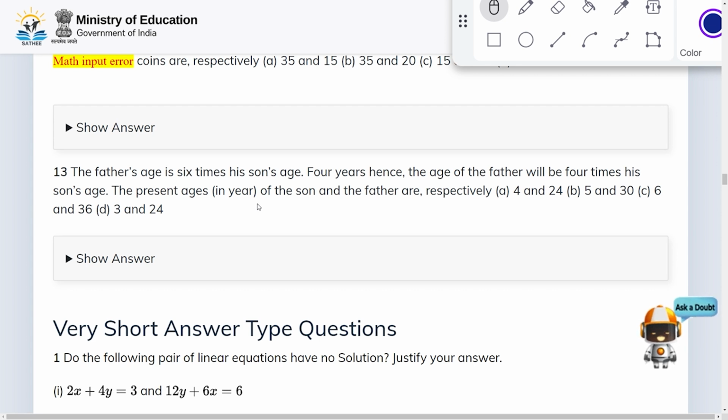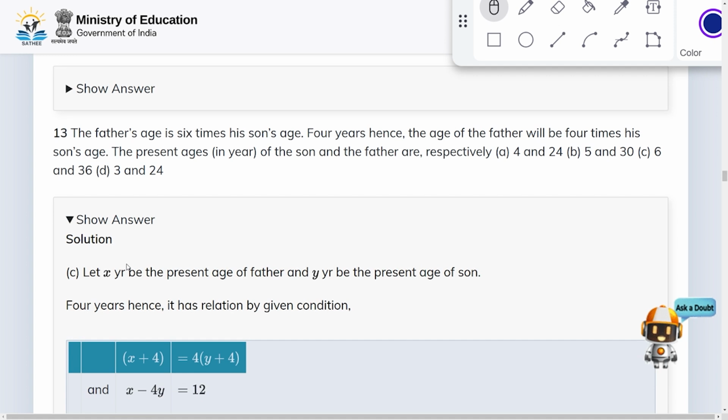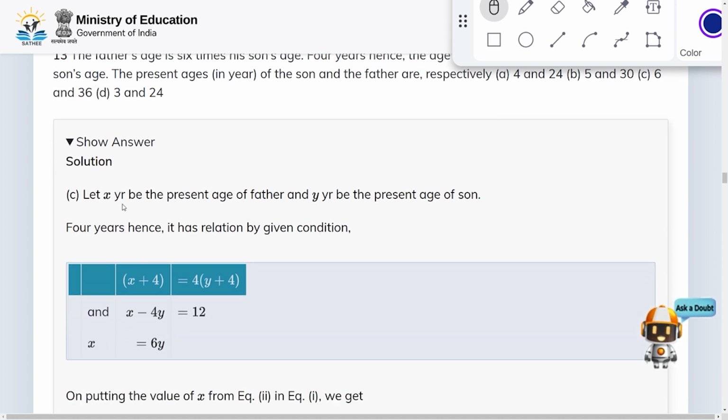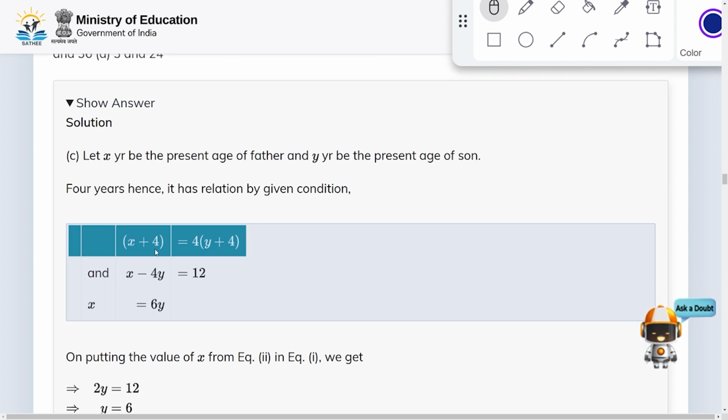Okay, students, let us see how we can approach it. First, let x be the present age of the father and y be the present age of his son. Four years hence, by the given condition, x plus 4 is equal to 4 times y plus 4. If we simplify this, we get the equation x minus 4y is equal to 12.